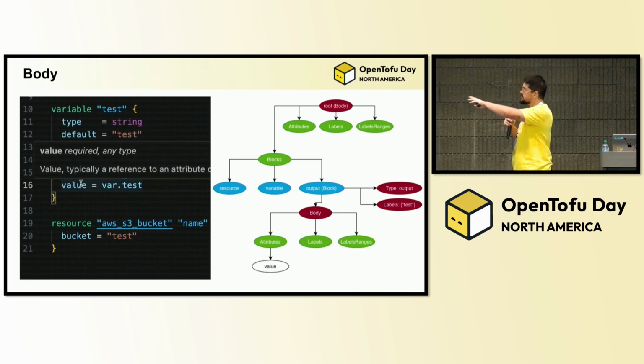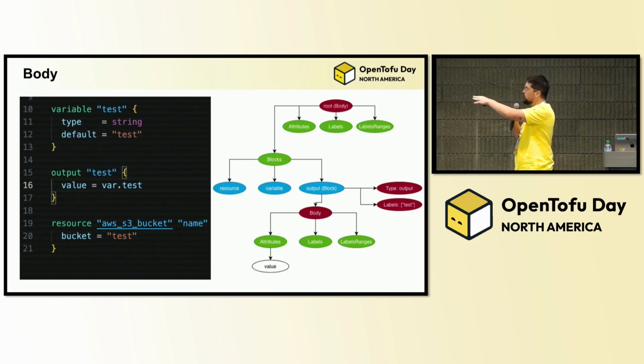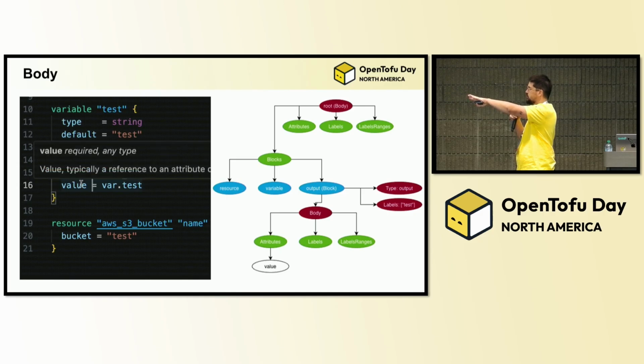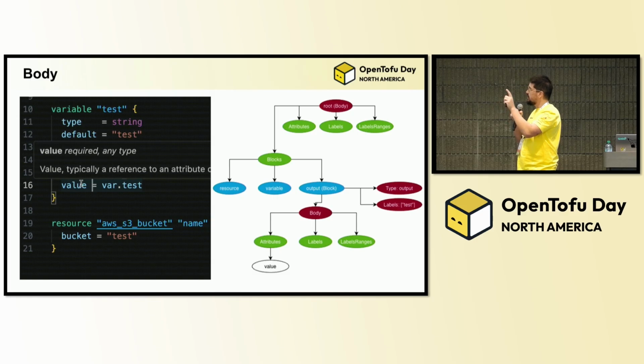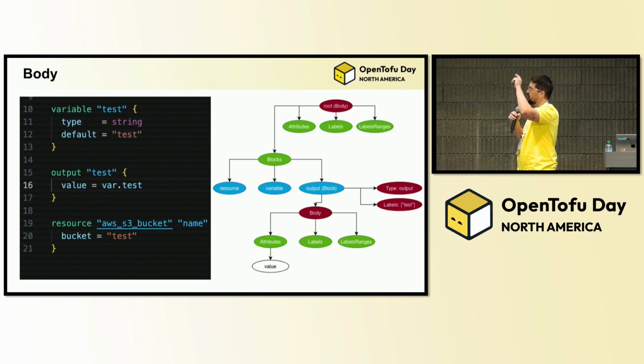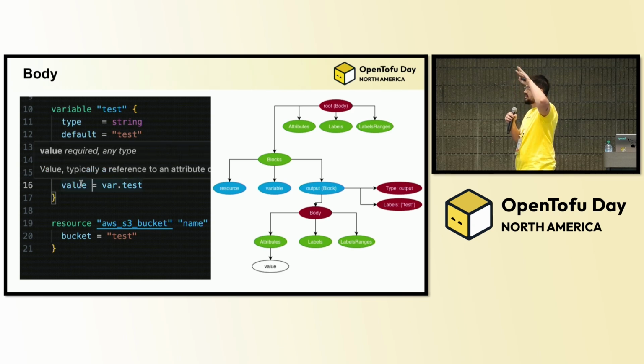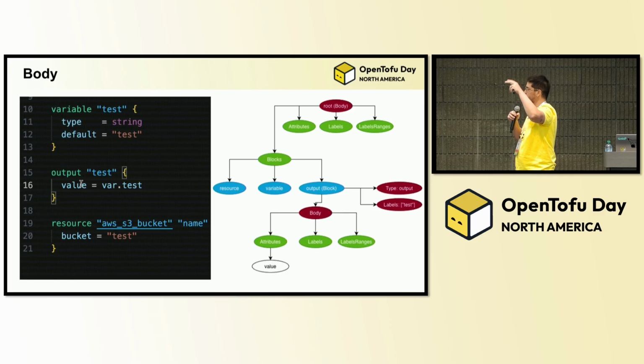So this is an example of how the body would look on this configuration that I showed to you. So you have a root with attributes, labels, and label ranges, and the important part is that every node that's a body has a list of blocks. So in this case, we have a root, like the root module itself, and there would be some different types of blocks.